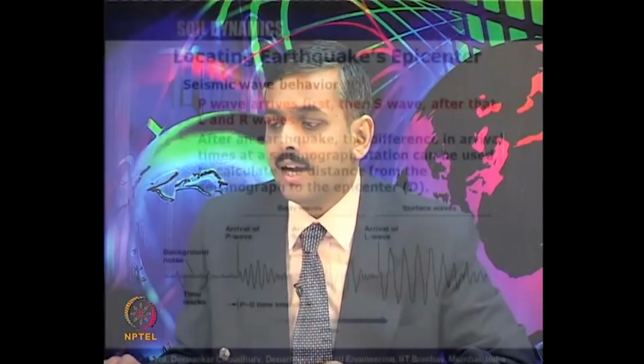But there are several areas of the earth which are not in the shadow zone of either the P wave or S wave, that is, from the 0 degree point at the top where the earthquake occurs, on both sides about 103 or 105 degrees. Within that region, whatever seismological stations are located can record both the P wave and S wave.